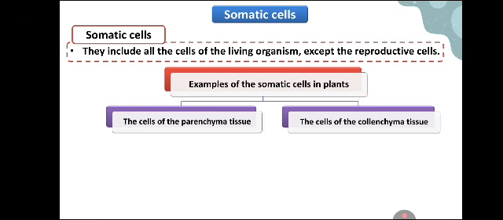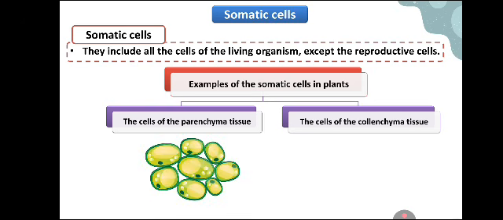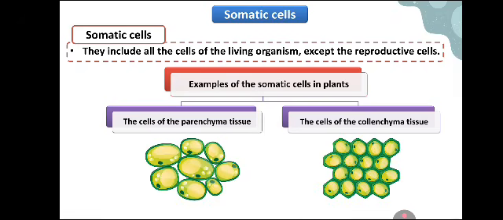Parenchyma and collenchyma are related to the stem and leaves of the plant. Parenchyma cells are responsible for making the plant body, stem and leaves, and collenchyma is also a type of cell that makes up the plant. But they are found in the stem and leaves, so they are called somatic cells.